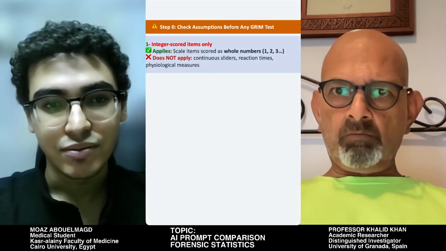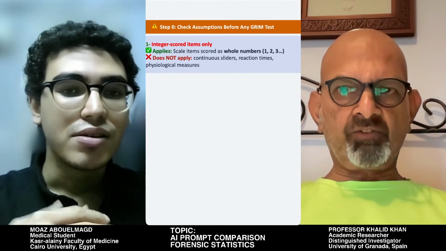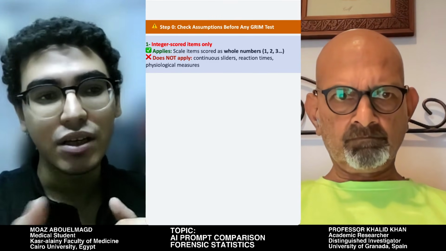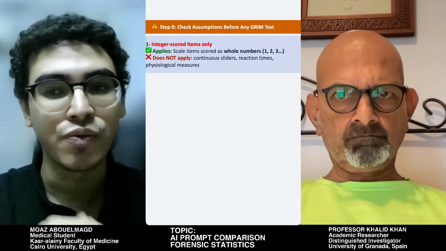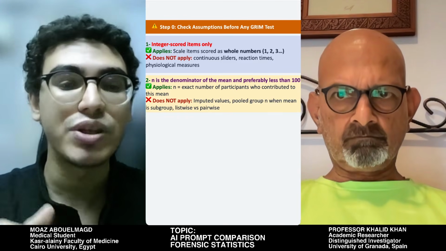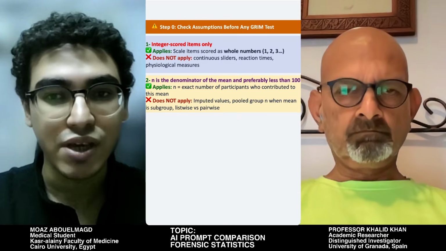Okay, so Moaz, would you kindly take us through the construction of the prompt? So the prompt construction will have multiple steps. Step zero is to always check the assumptions of every test before you use it. One of these main assumptions is that this Grim test depends on integer scored items only. It does not work with continuous scales.